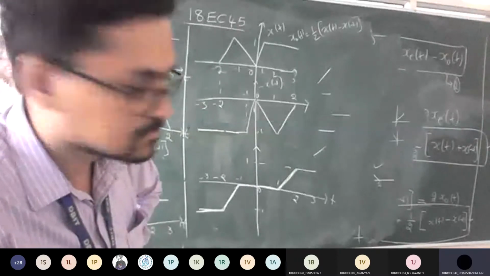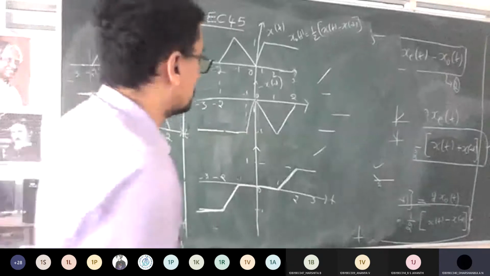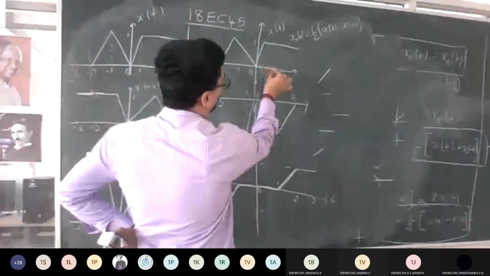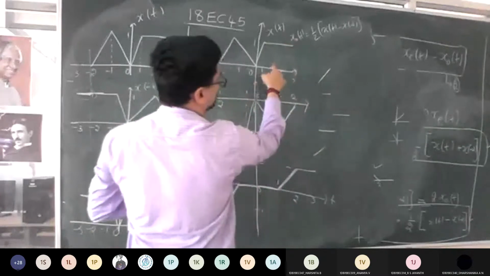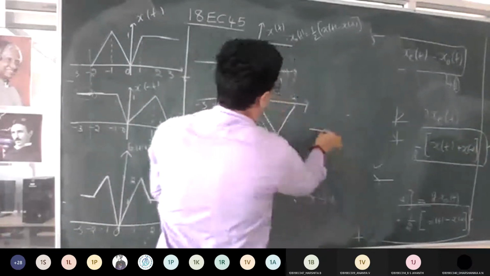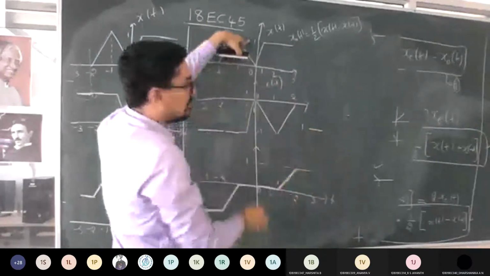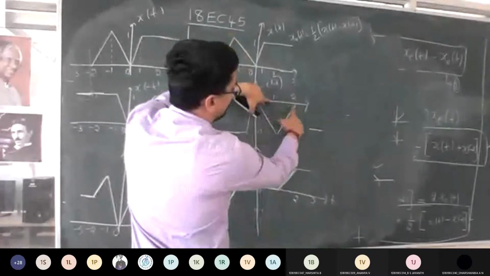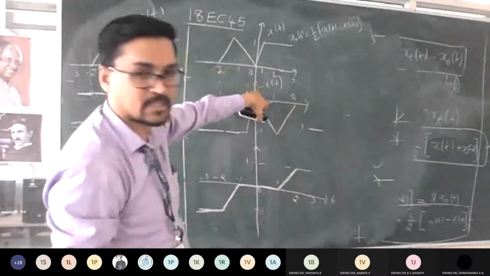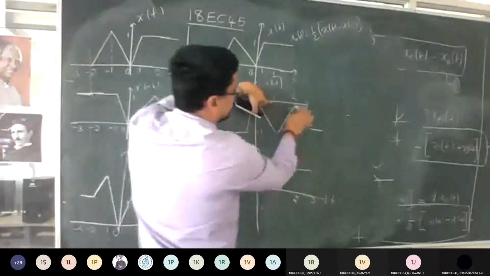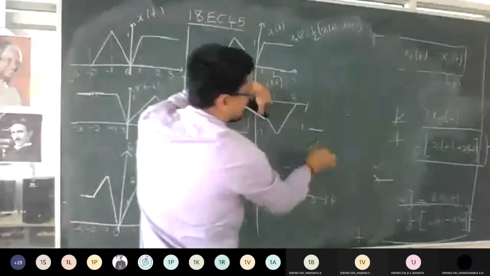Sir, please say the 1 to 2 interval once more. Okay. See, 1 to 2 here it is constant. What's the amplitude? 1. And here 1 to 2, what is happening? From here to here it is increasing, right?